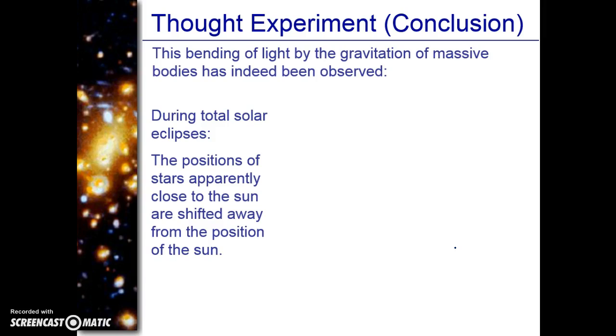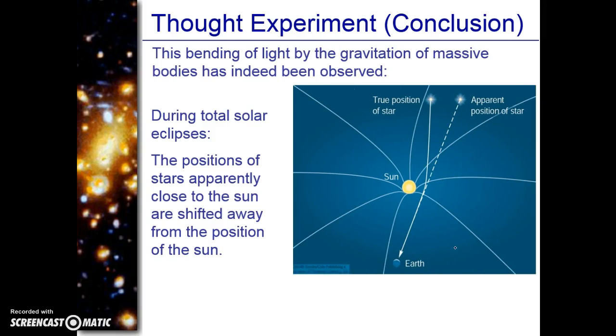Okay, so the bending of light has been observed through two major experiments. One of them looked at a total solar eclipse, which cuts off the majority of the light coming from the main part of the sun. You still have the light coming from the sides, and it's not good to look at it, but they said, hey, guess what?